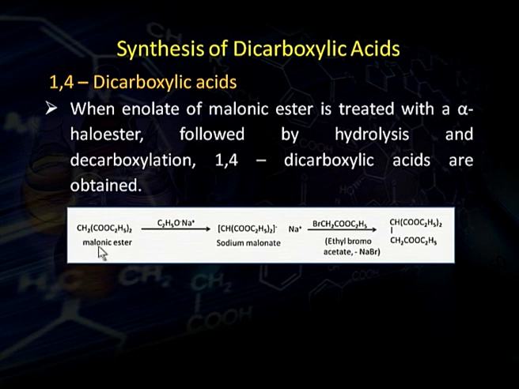1,4-dicarboxylic acids are obtained. Malonic ester upon treatment with sodium ethoxide will lose ethanol and will get converted into sodium malonate. This sodium malonate upon treatment with alpha bromo ester, NaBr is removed, and this alpha bromo ester, ethyl bromoacetate, is substituted.